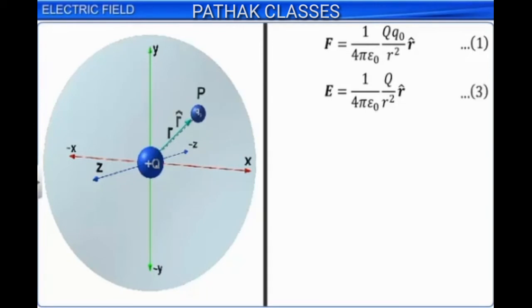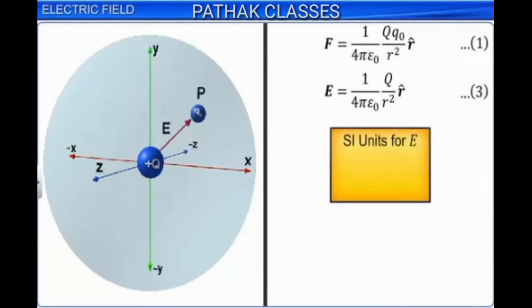Electric field strength E is a vector quantity pointing in the direction of the force on a unit positive charge at a point in the electric field. In SI, it is measured in Newton per Coulomb or volt per meter.